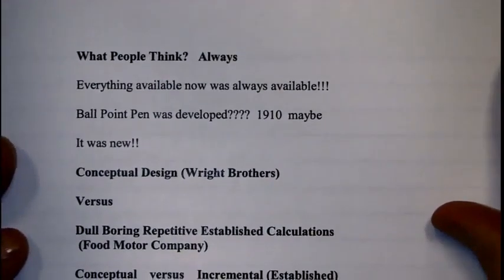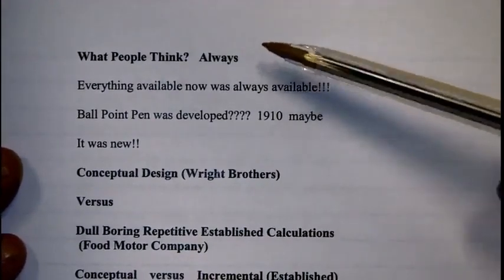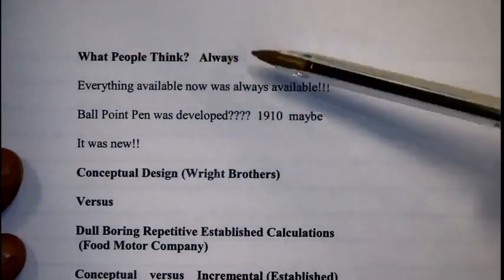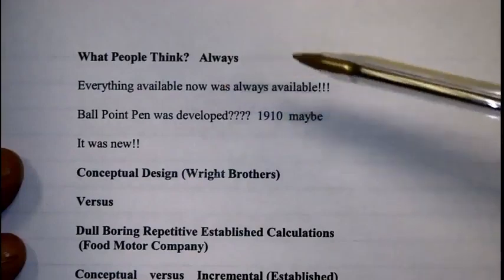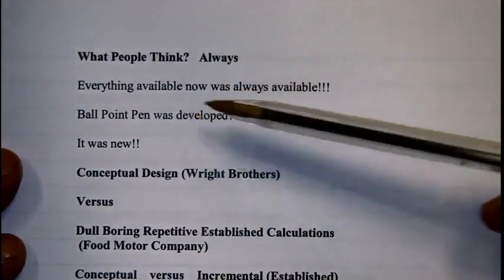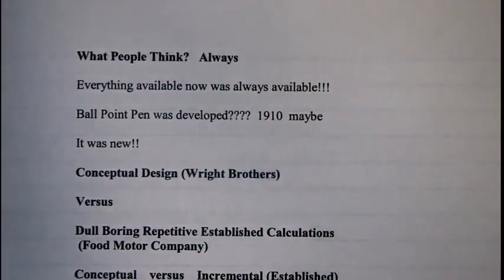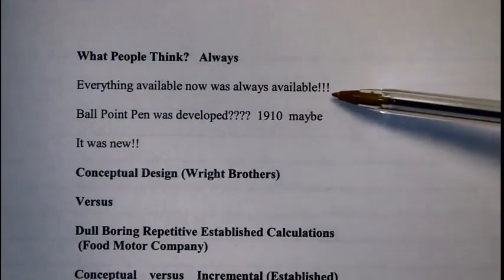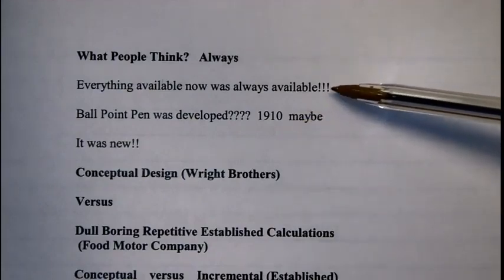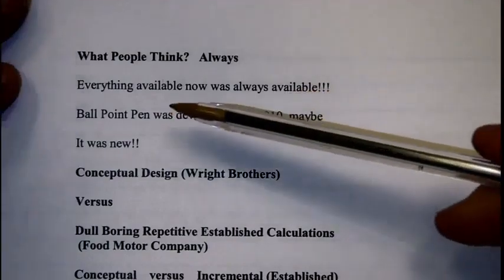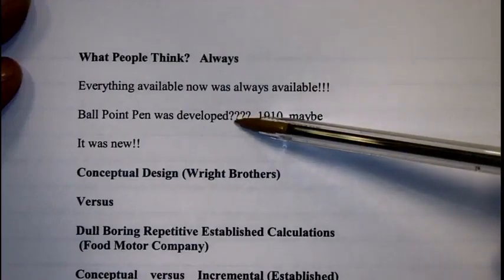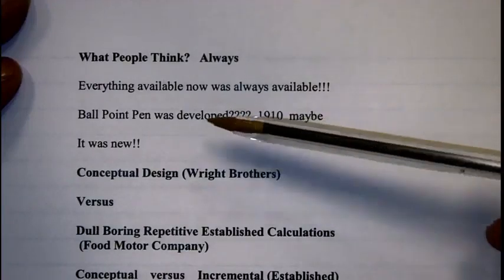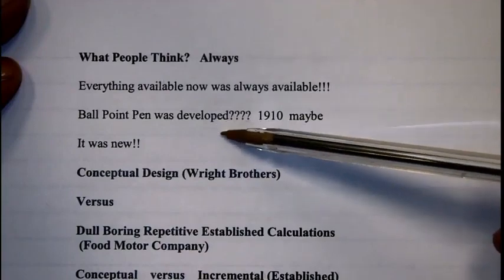Now, I find this interesting. What do people think? Well, always. Everything available now has always been available. That's what people think. They're not accustomed to not having it, and they conceive that it was always there since the beginning of time. For instance, take the ballpoint pen. You would figure that it was probably around during the Crusades and during the flood.